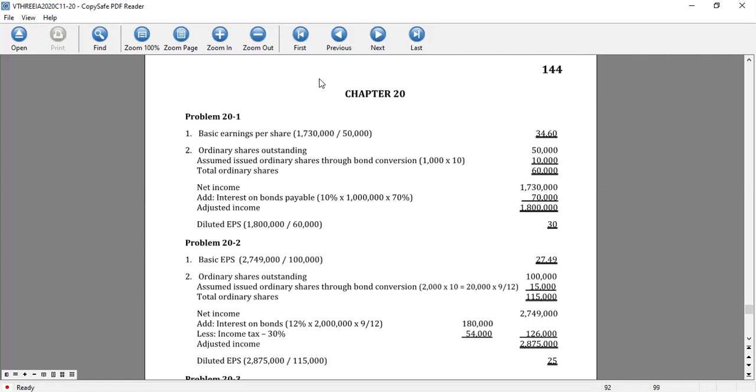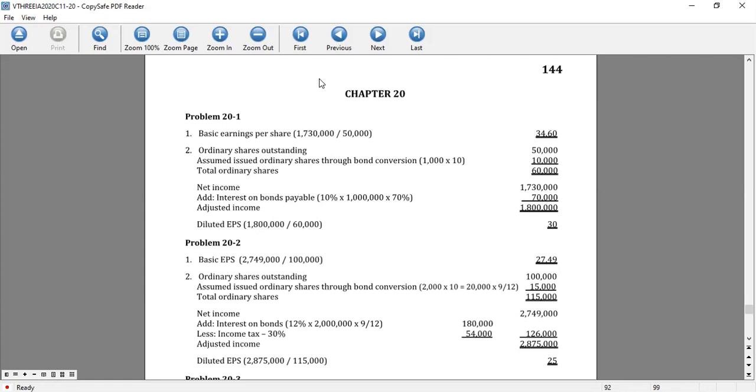It represents future issuance of ordinary shares. There are three major types of potential ordinary shares: convertible bonds payable, convertible preference shares, and share options and warrants.